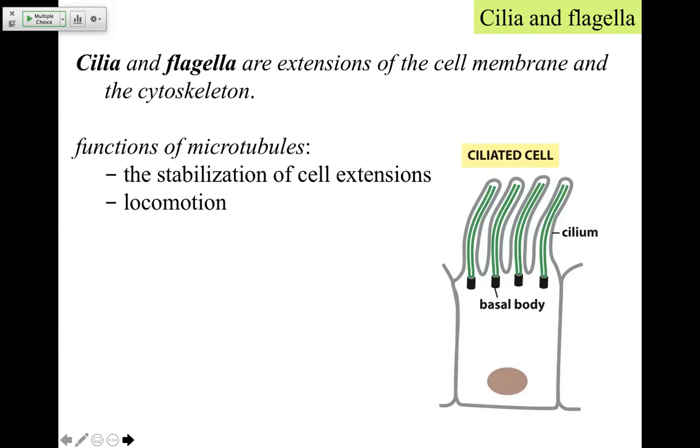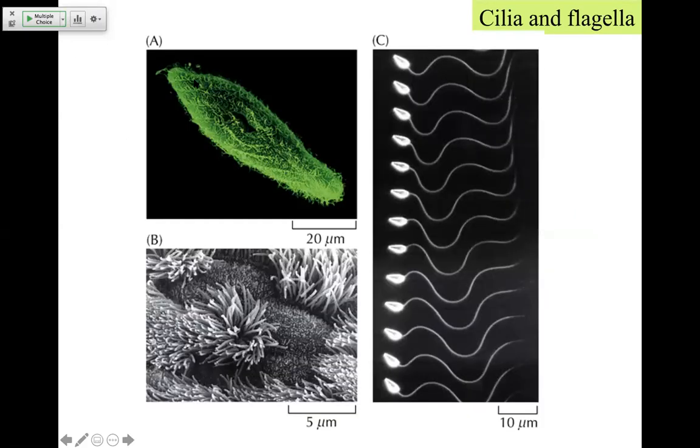As an example of the roles of cilia, in unicellular eukaryotes, cilia allow, let's say, a paramecium to move. All that beating motion of all of those individual cilia on its surface propels it through its aqueous environment.